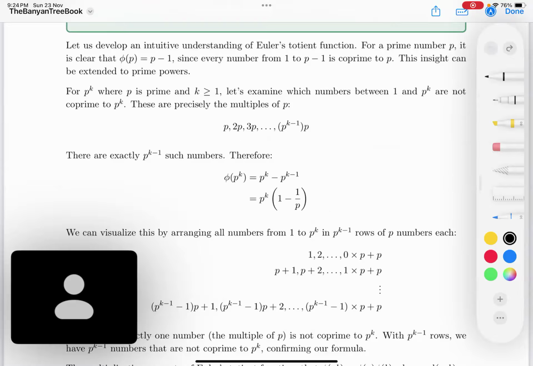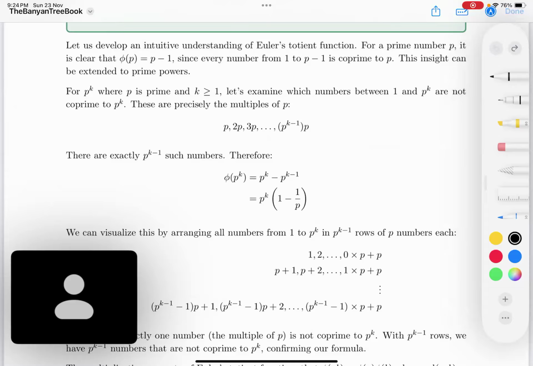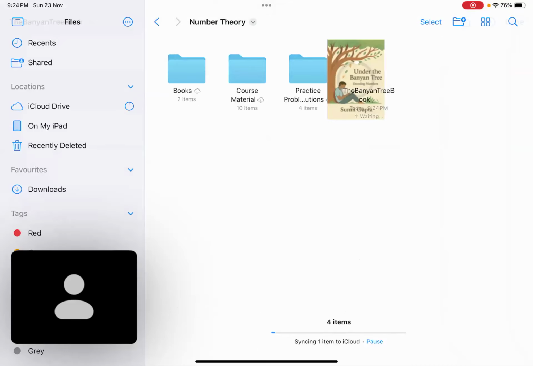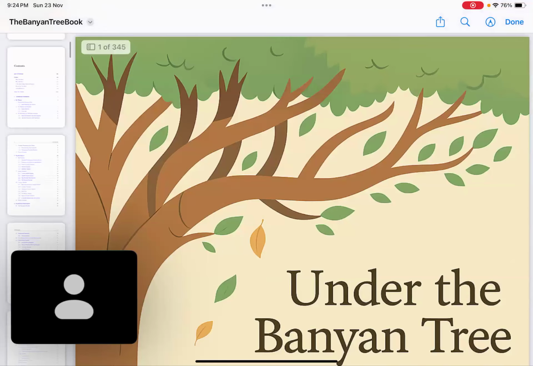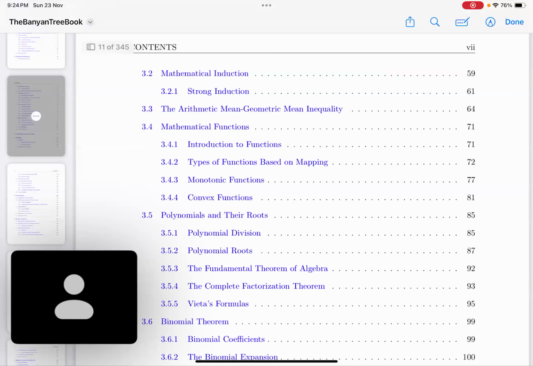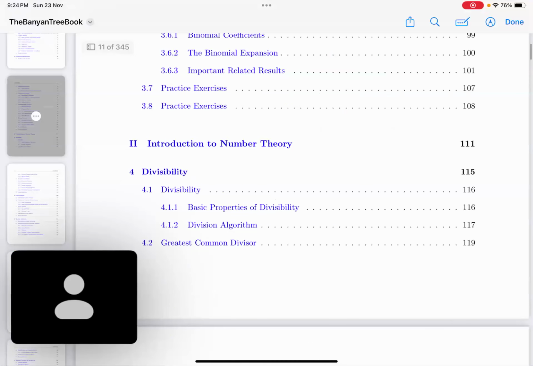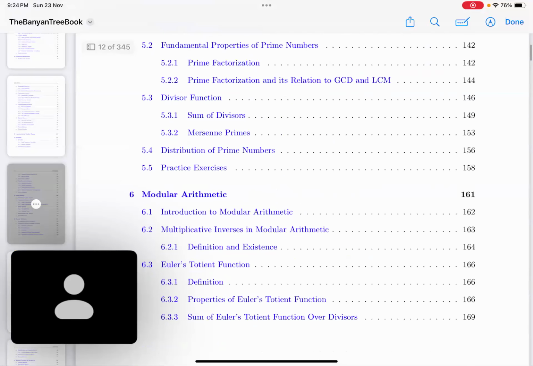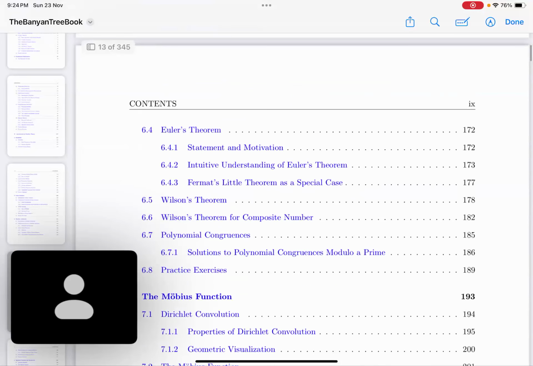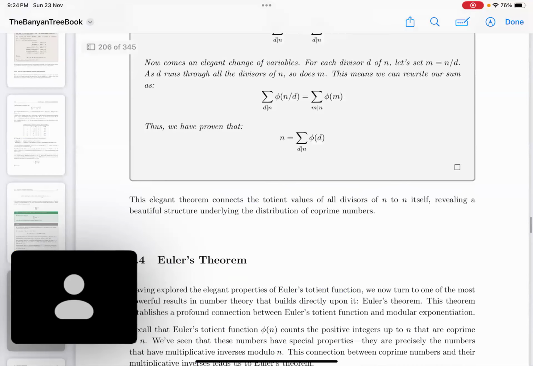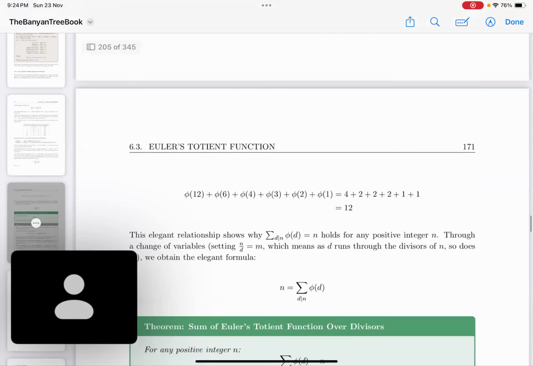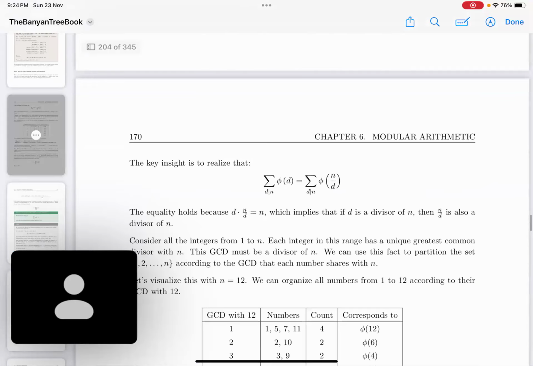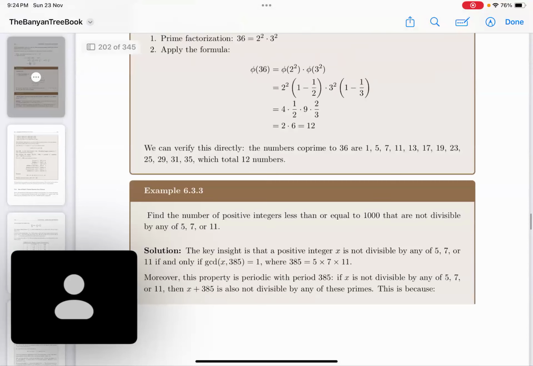So the idea is that, let's come back to this example. Okay, so this is what we were discussing.